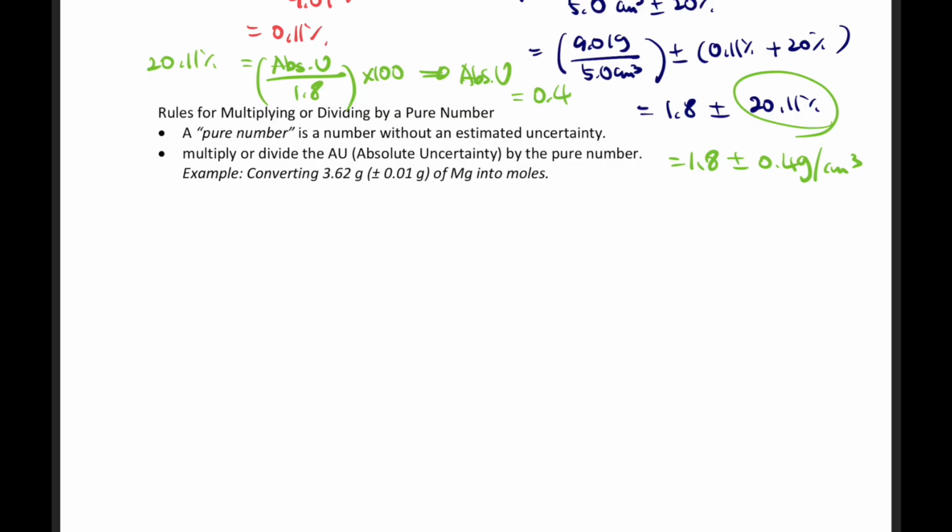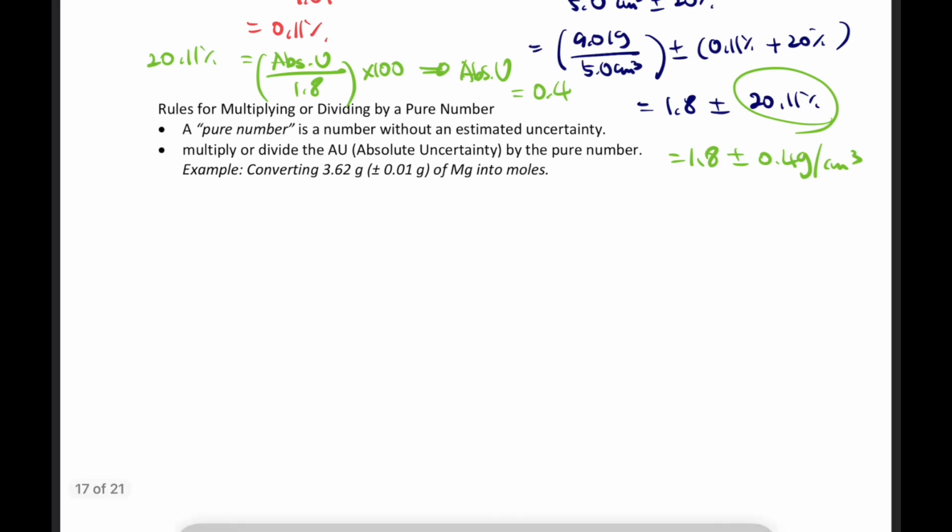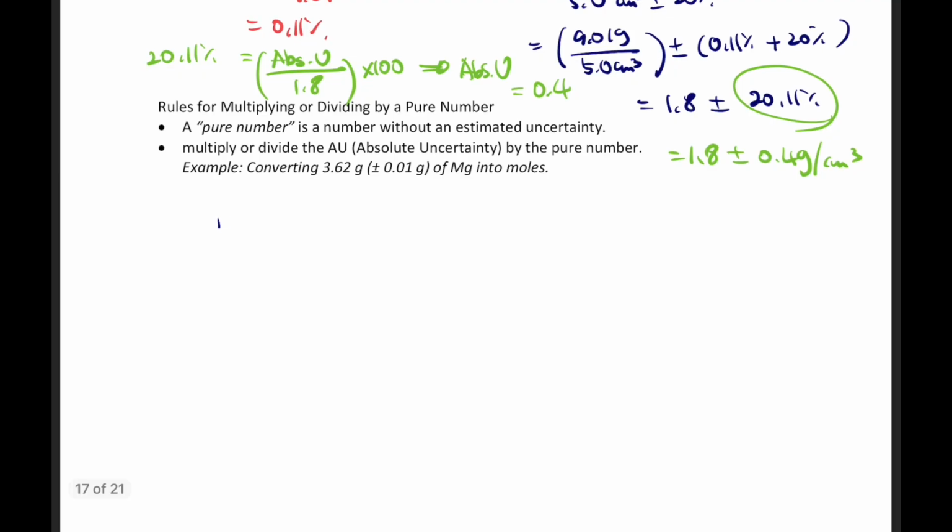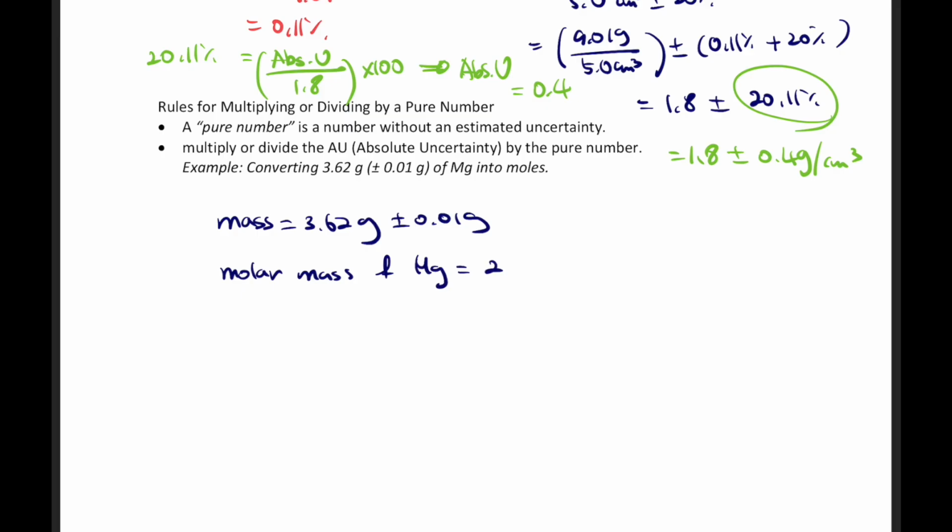Okay, so here we have to convert 3.62 gram of magnesium into moles, right? So we have measured the magnesium. The mass is 3.62 gram with uncertainty 0.01 gram. The molar mass of magnesium is approximately 24.3 gram per mole.